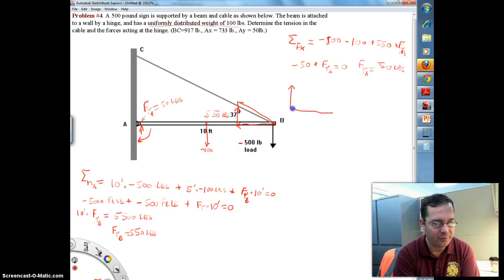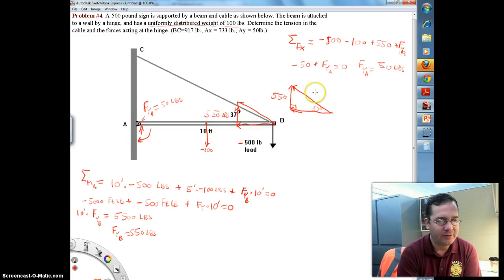We have a vertical component and a horizontal component that are by definition perpendicular. And we have a hypotenuse, and the length of the hypotenuse is going to represent the tension in the wire rope. This included angle is 37 degrees, and we have already figured out that the vertical component that the wire rope is pulling is 550 pounds.